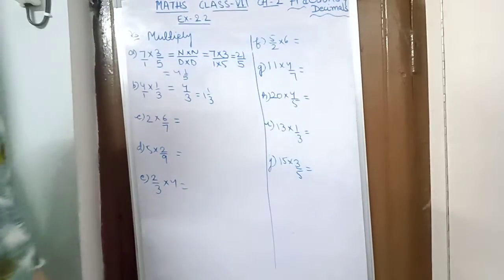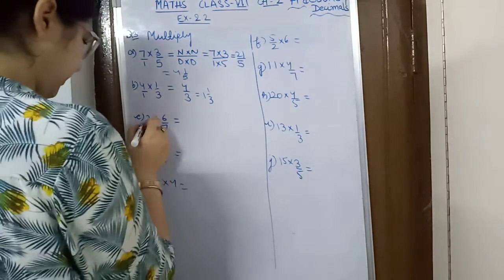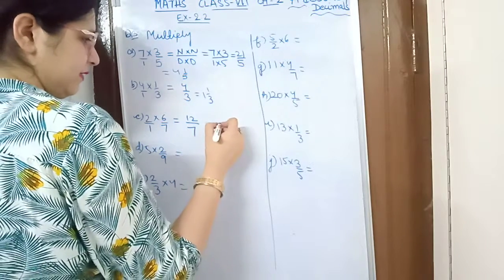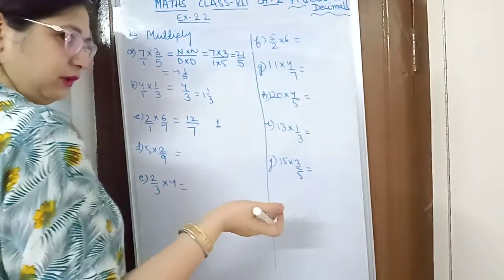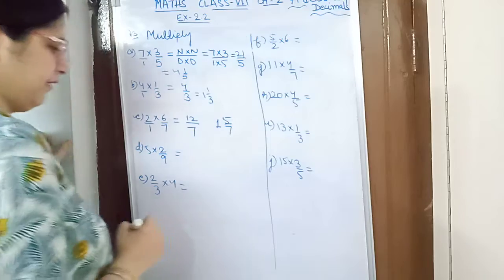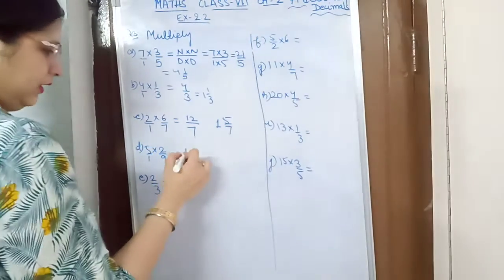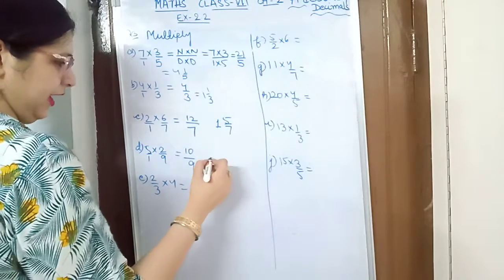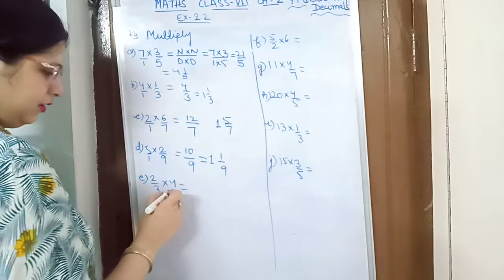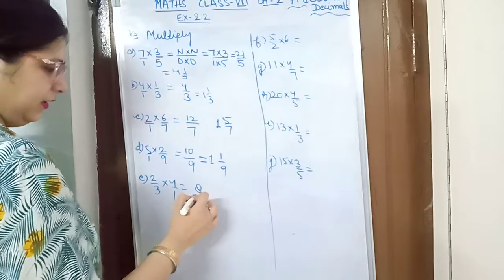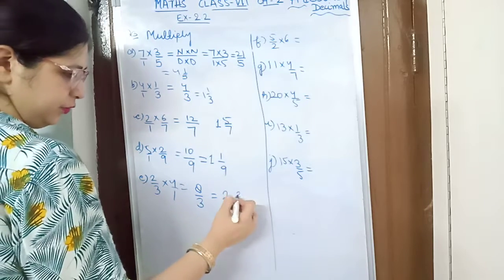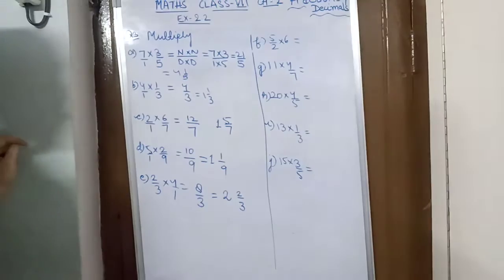Do this mixed fraction calculation in rough. Complete, understand? Again 2 6s are 12, 1 into 7 is 7, 7 1s are 7 and 7 2s are 14 will be greater than 12, so 5 upon 7 will be the mixed fraction. Again 5 2s are 10, 9 1s are 9, 1 upon 9 will be the answer. 2 into 4 is 8, 3 into 1 is 3, 3 2s are 6, 2 upon 3 will be the answer.